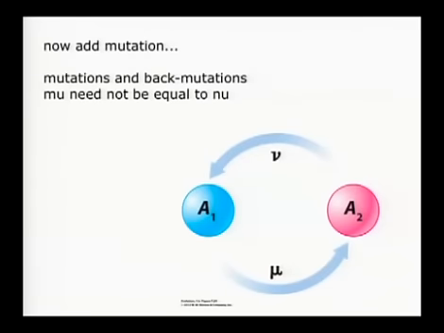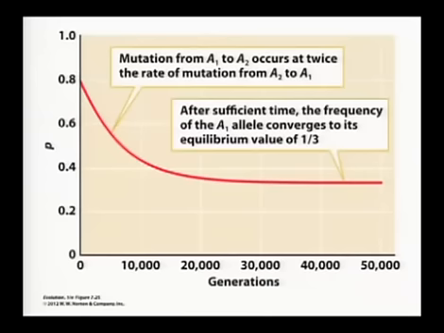So in a system like this where you have mutation that's happening, but there's no selection, then what happens is the population evolves over a very long period of time to have some of the genetic variation hanging out in the population.